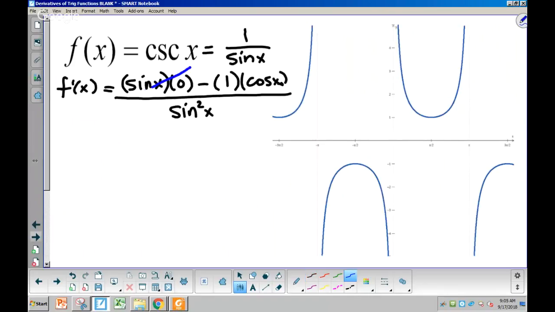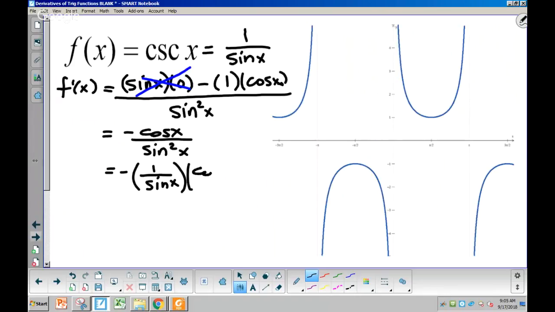Okay, so this goes to 0, and we're left with negative cosine x over sine squared x. Now, do we leave it like that? No, we say negative 1 over sine x times cosine x over sine x. And then we're going to get negative cosecant x, as you guys predicted, cotan x.